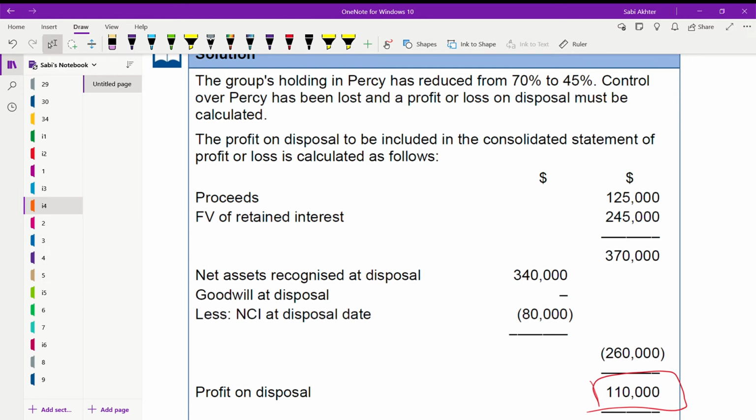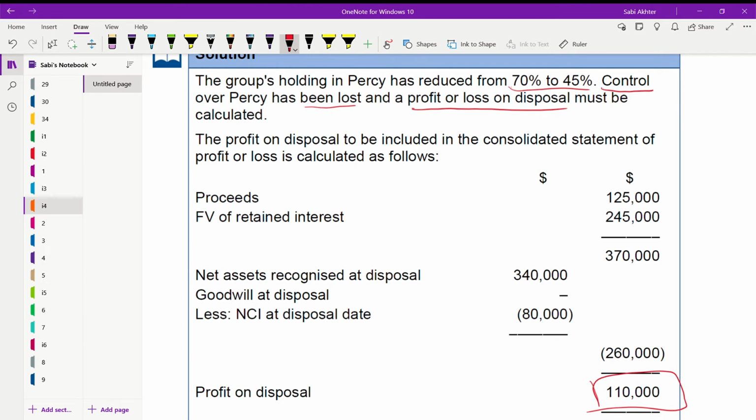So first, how are you going to write? Write the change in the group's holding. So the group's holding in percent has reduced from 70 to 45%. That means what's important is, when you're disposing, whether the control is lost or not. So the control has been lost in this case because it is less than 50%. So because the control is lost, you have to calculate a profit and loss on disposal. This must be calculated.